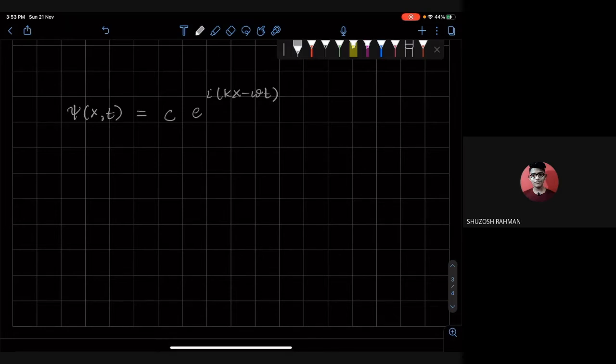And for some normalization constant, but we know that this is not a normalizable wave function. Okay? So you guys know about this.